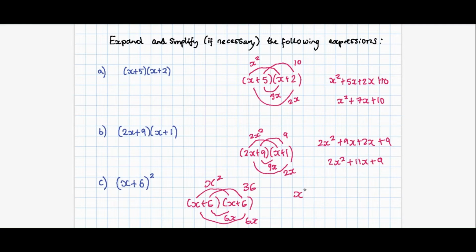So what you want to do is x squared plus 6x plus 6x plus 36. And then you simplify that out. So you get x squared plus 12x plus 36. And that's your answer there.